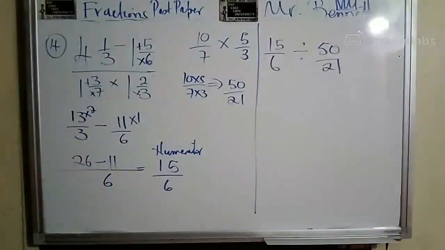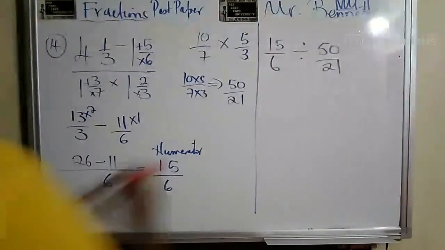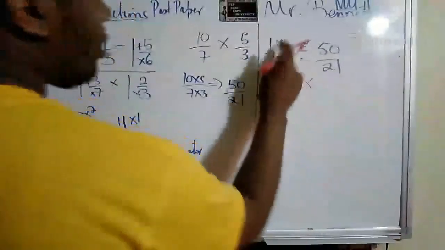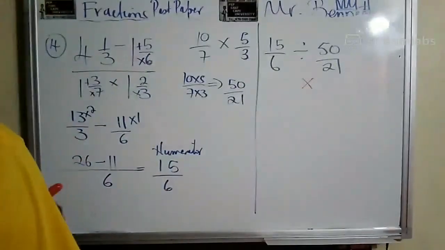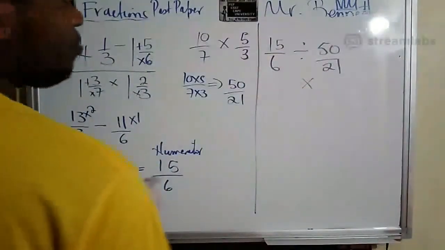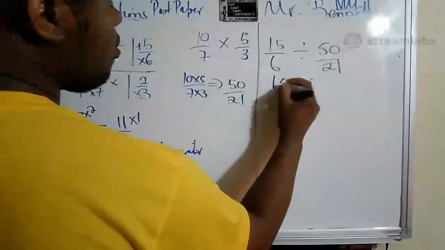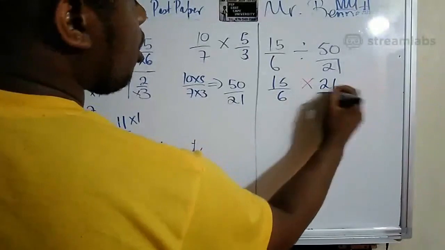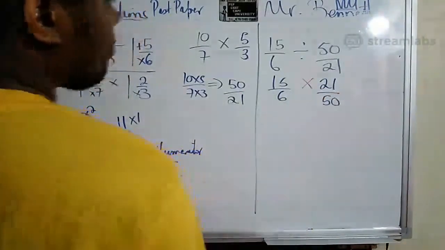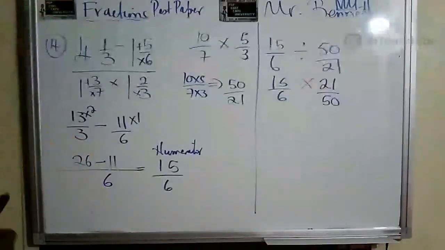Remember guys, very important, we change the division to multiplication. And remember, do not invert or reciprocate the first fraction, only the second one. So it's 15 over 6 times 21 upon 50 now. Very important. And then we can cancel.